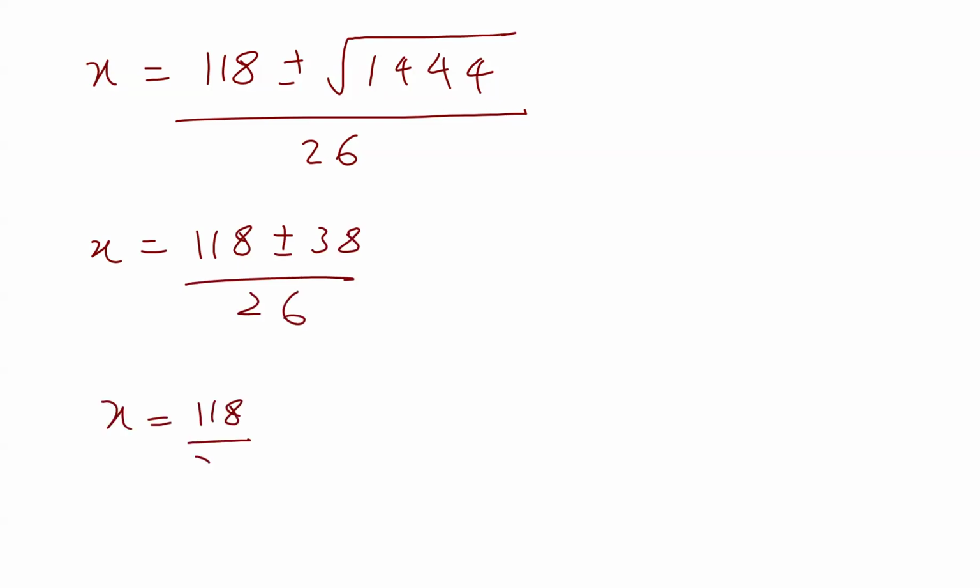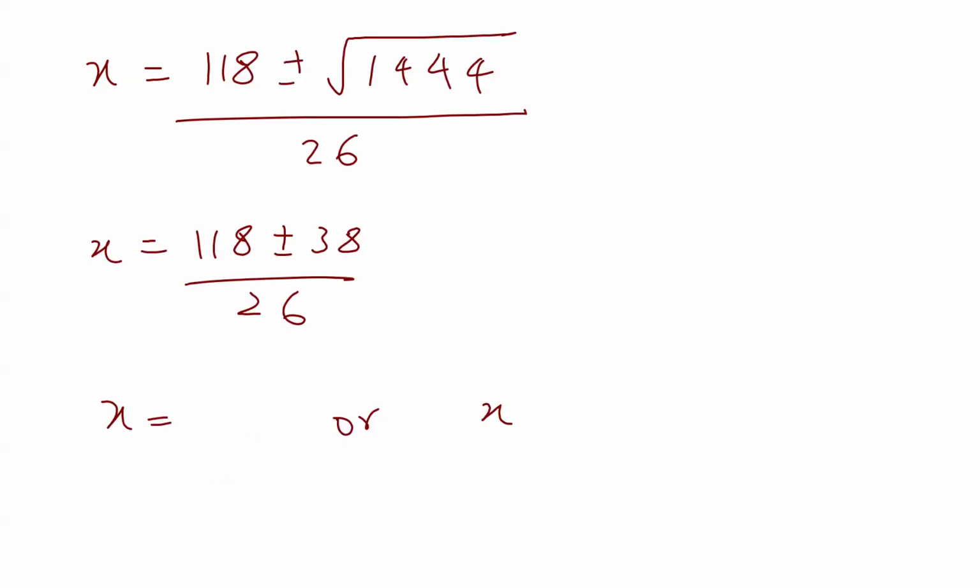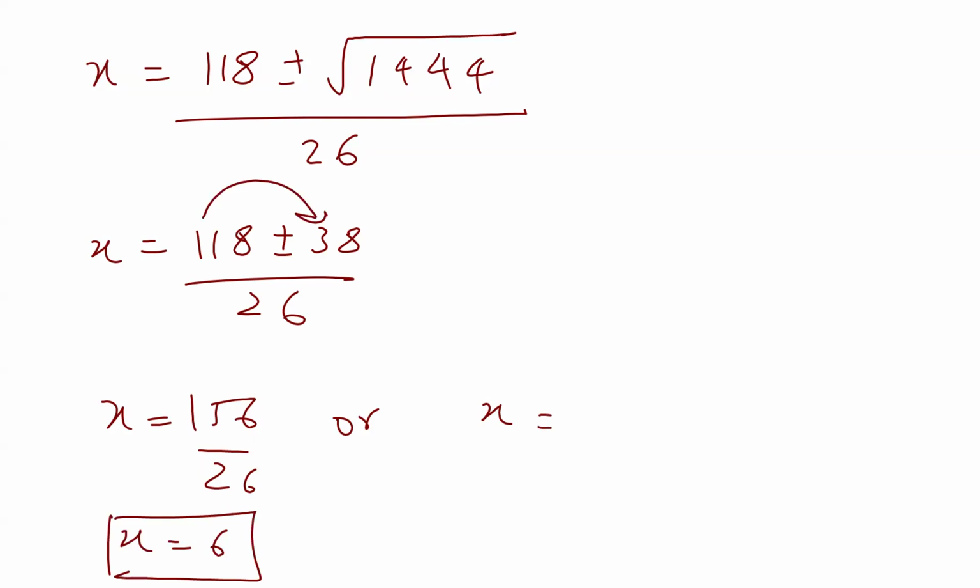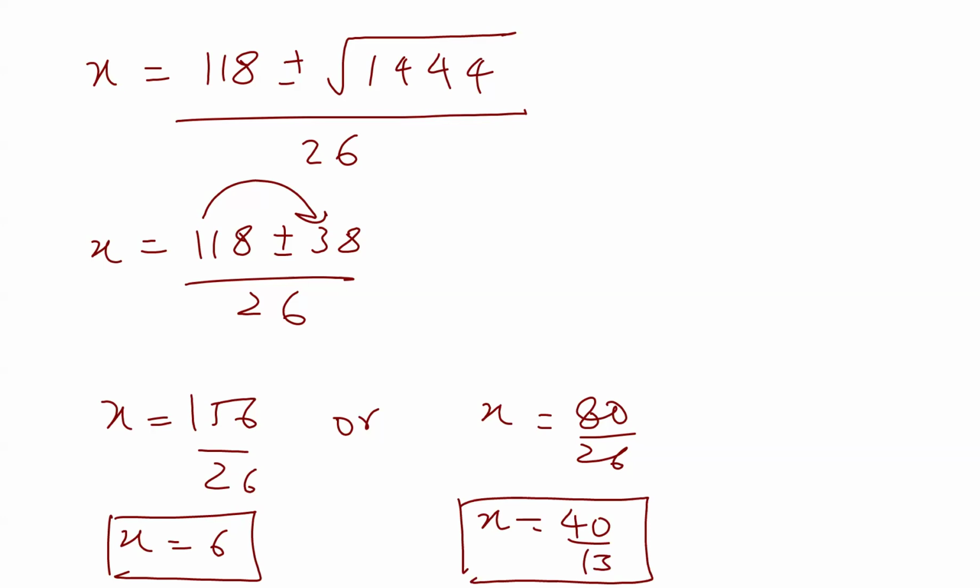X is equal to 118 plus 38 upon 26 or 118 minus 38 upon 26. So 118 plus 38 will be 156 upon 26, so X is equal to 6, or 118 minus 38, 80 upon 26. So X is equal to 40 upon 13.